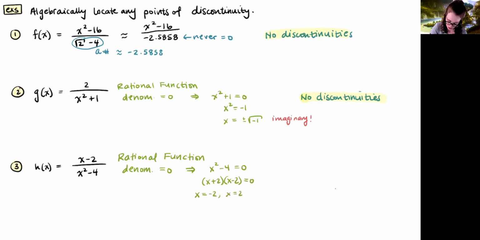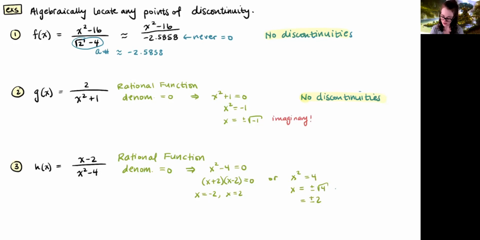Or if you like, what you could do is just set x squared equal to 4, or add 4 to both sides. Then when you take the square root, just remember that you have to take the plus and the minus, right? Because both positive 2 squared and negative 2 squared would give you 4. So I like the factoring method because sometimes we forget about taking the plus and minus when you apply square roots.